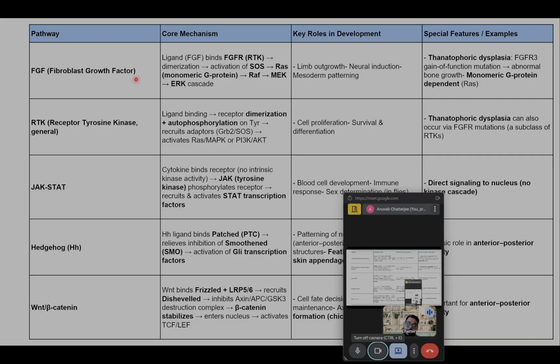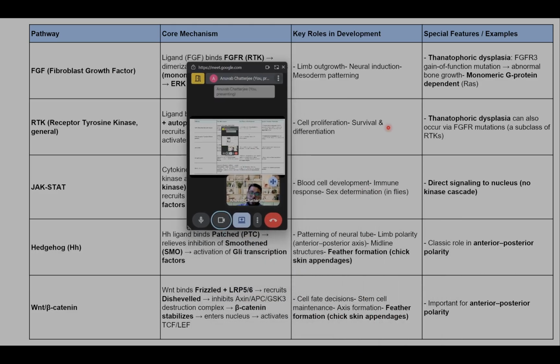FGF pathway is just a subclass of RTKs. JAK-STAT causes direct signaling to the nucleus. Hedgehog helps in feather formation as well as anterior posterior polarity. And Wnt beta catenin signaling causes feather formation as well as anterior posterior polarity. Hedgehog also helps in limb development as well.